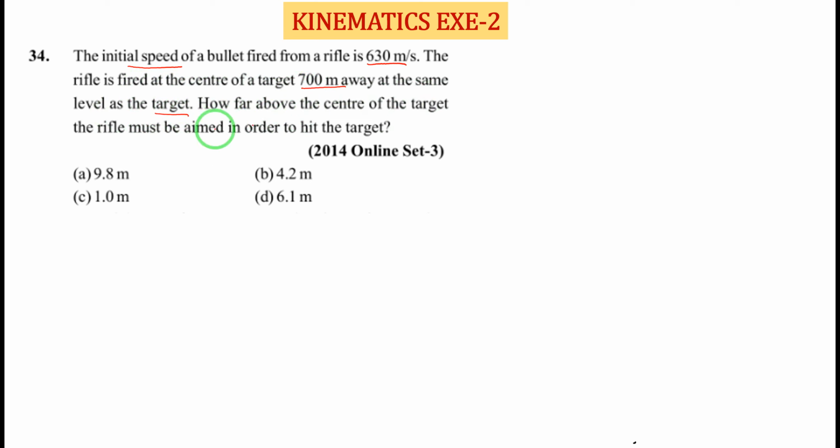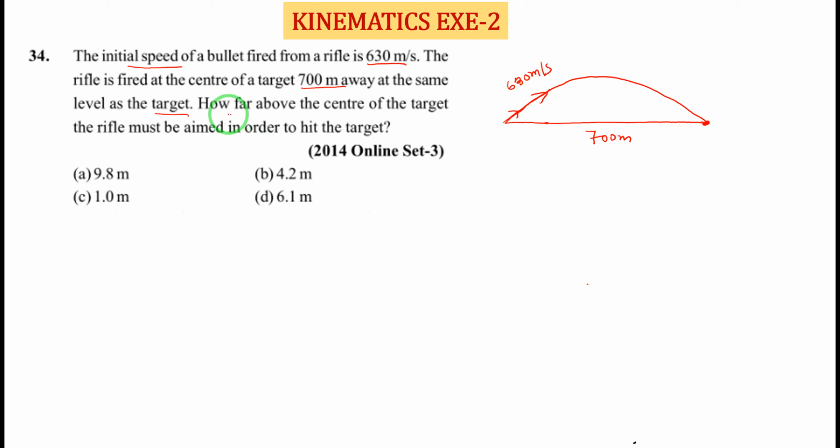How far above the center of the target must the rifle aim in order to hit the target? So basically this would be the path of the bullet, and this is where the target is. It is 700 meter away, and this is how it is being fired, at 630 meter per second.